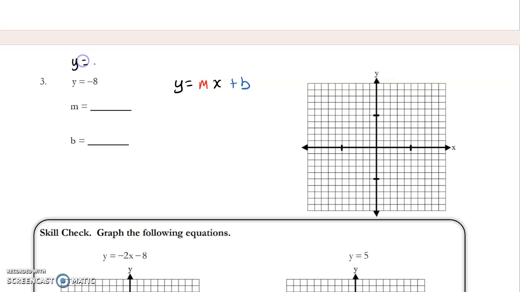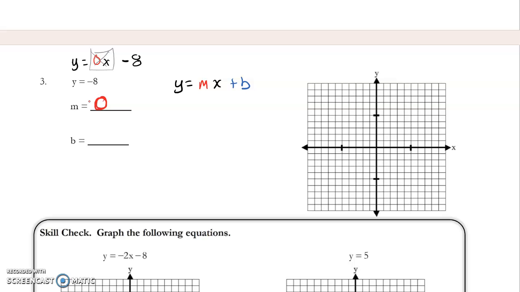If this had started out like this, what could have made my x go away? What's that? Yeah, that's what I thought you said. 0! If I have 0x, technically at this point, 0 times x is 0. It goes away. So when we have y equals a constant, we do have a slope of 0.